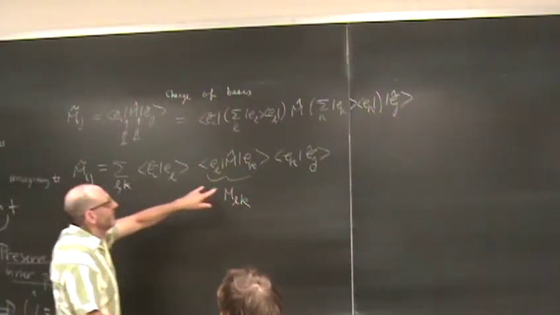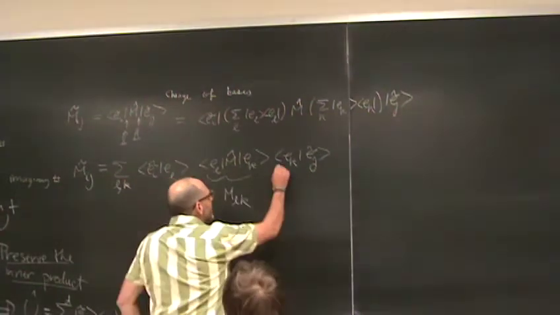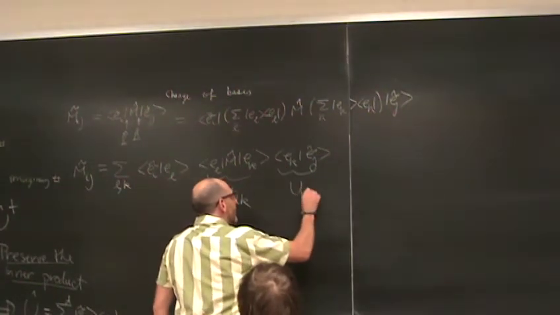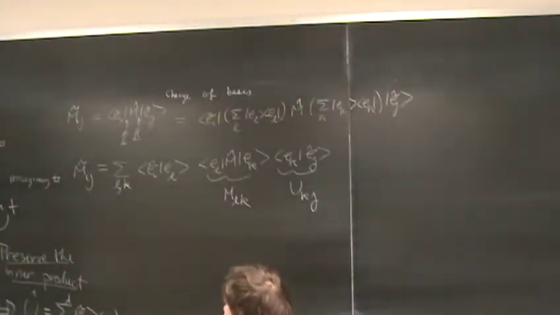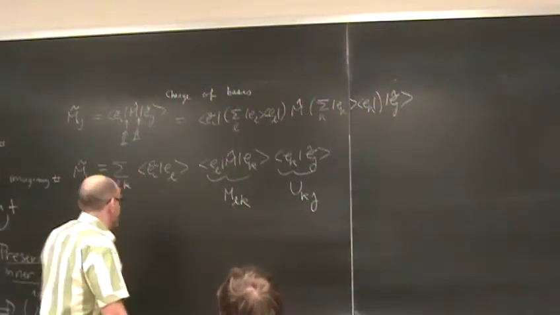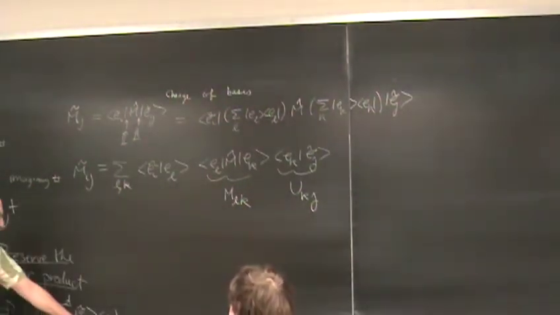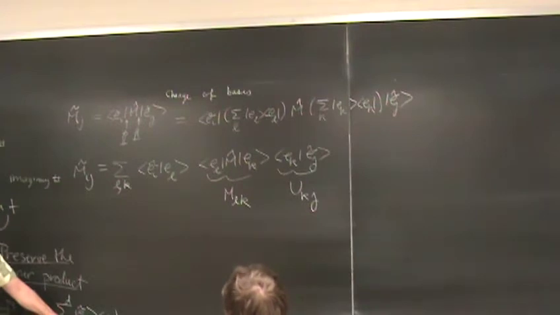And these things are what? Well, this is equal to the matrix element of this U. That's to say, it's the matrix element associated with the U that takes me between the old basis and the new basis. Right?